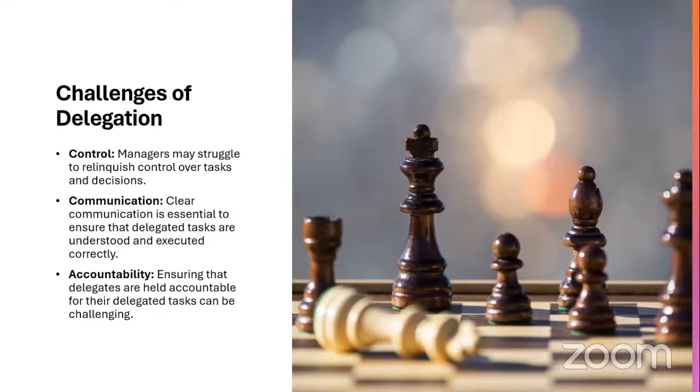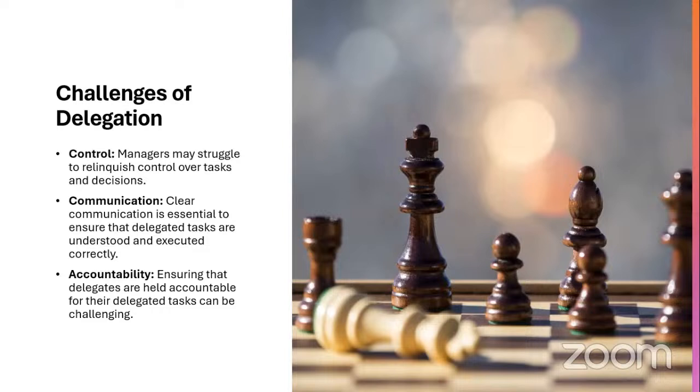This is a major one. Communication: clear communication is essential to ensure that delegated tasks are understood and executed. If you go back to our HR information system, you can use that on your dashboard to identify tasks that have been delegated from who to who. So what we're saying now is not that you want to add more information to what we're doing.